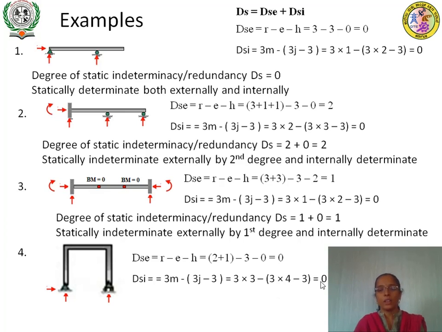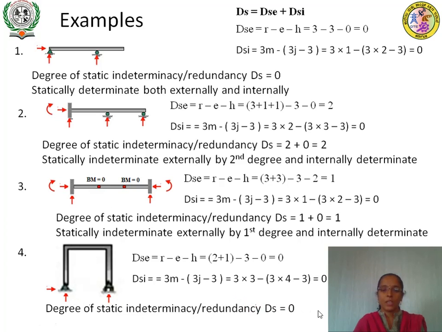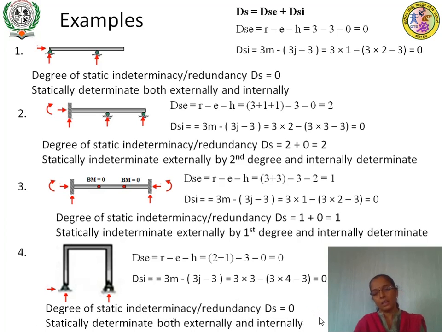If you simplify, that is also 0. Therefore the degree of indeterminacy is 0, and we can classify it as determinate both externally and internally. Since DSE is 0, it's a stable structure.